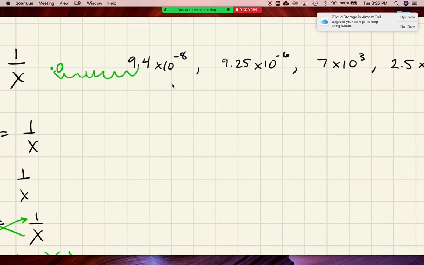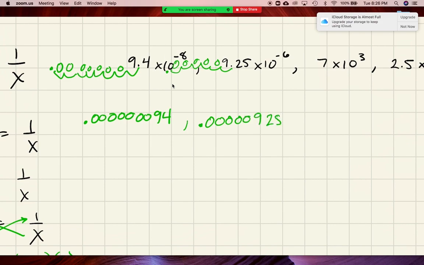So we have 7 zeros, and then 9, 4. And then the next one, we only move it 6 times, so 1, 2, 3, 4, 5, 6. That means we have 5 zeros, and then 9, 2, 5.